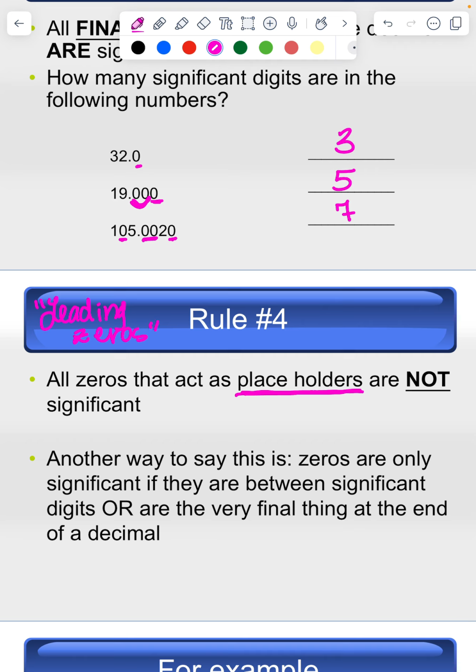They can be before the decimal or after the decimal, but they come before any other number. Those are leading zeros, and they are not significant. We also have trailing zeros without a decimal. If they do not have a decimal, then they are not significant.